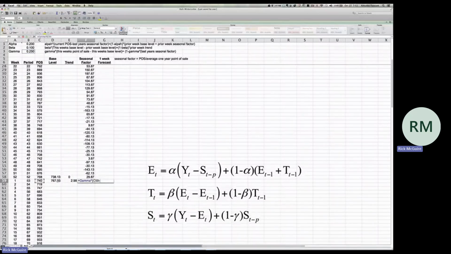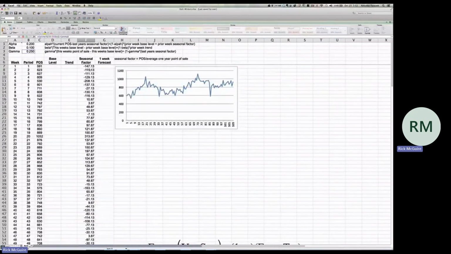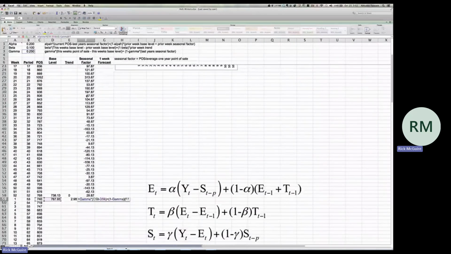In other words, I could argue that the difference between POS and base level is really what's accounted for by seasonality. And again, I add to that 1 minus gamma times the alternative way of estimating the current period seasonal factor. And that would be simply to assume that seasonality is really the same value that it was in the year ago period. So that takes us back to week 1 of year 1. So again, I come up with a weighted average for seasonality.